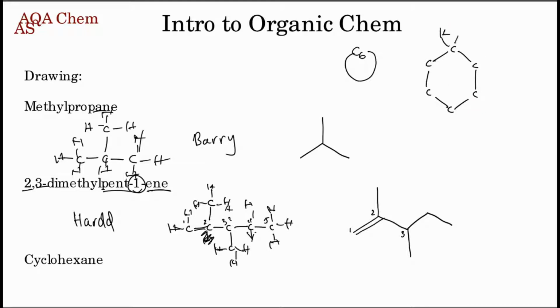And then, obviously, you add your hydrogens. Now, I personally prefer to draw these in skeletal form, just because you don't have to deal with drawing this hydrogen thing over and over again. In skeletal form, you only have the carbons, the hydrogens are implied, you have 1, 2, 3, 4, 5, 6, and connect it back up. And it's a hexagon. And you're done.